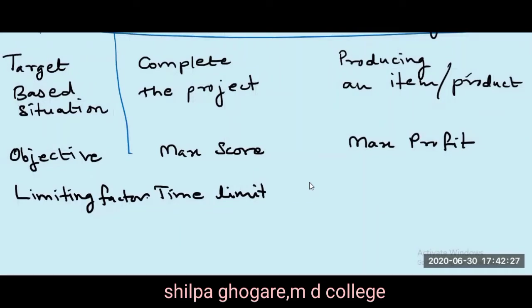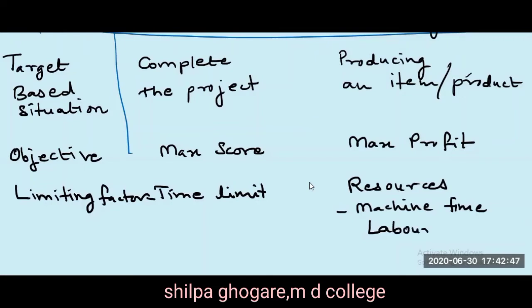Yeah, so the limiting factor is time limit here for student, and for the company it is the limited resources. Resources are limited, like you have machine time or you have labor time, which is limited.